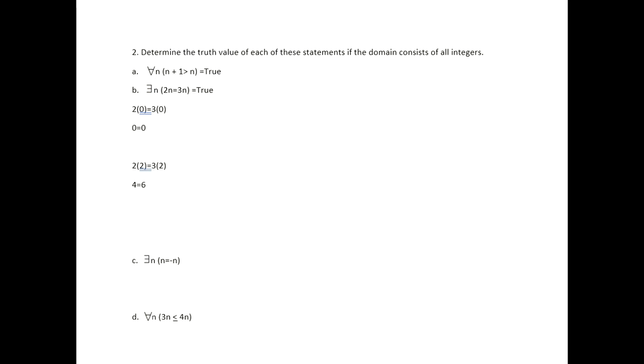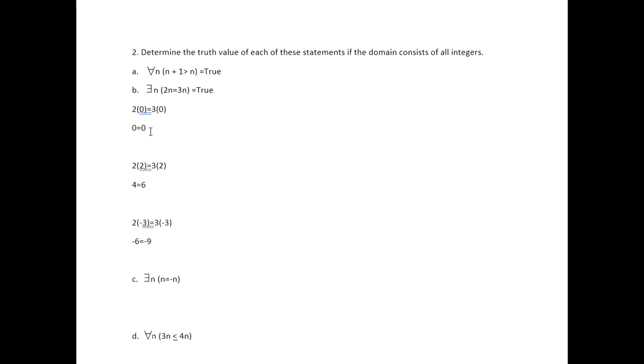Though, i-try na po nato og negative 3. So, 2 times negative 3 is negative 6 is equals to 3 times negative 3 equals to negative 9. So, dali is mahulog po siya nga false.